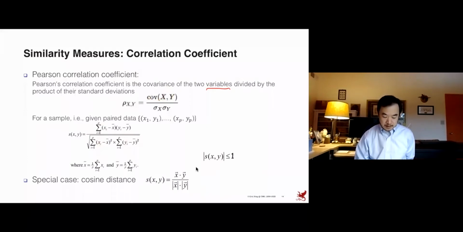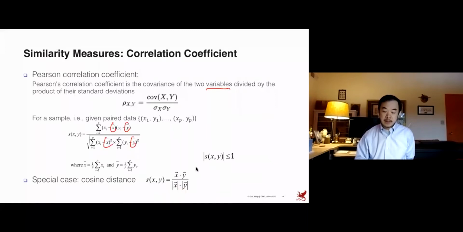And in the special case that your data is already centered, by the way, this x bar, y bar is the mean of the sample of x and y, right? If the mean equals 0, meaning that your whole data sample is centered, then this Pearson correlation reduces to something known as the cosine distance.